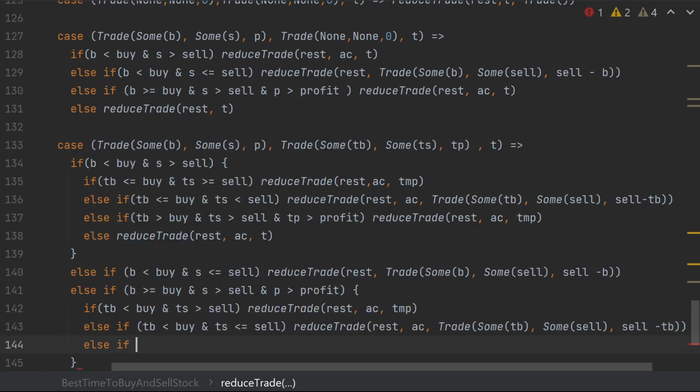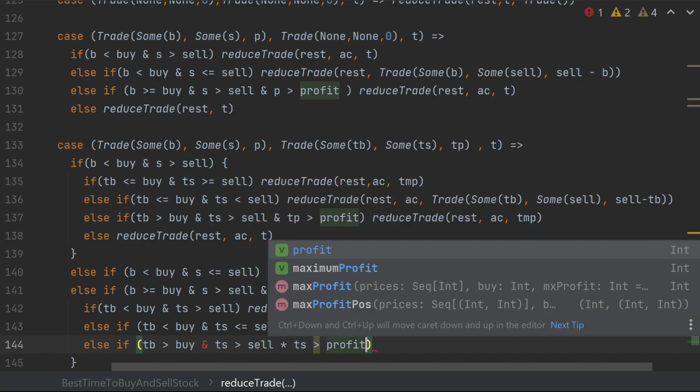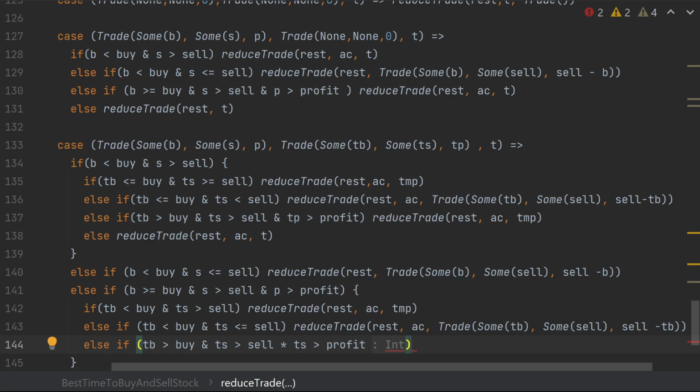Else if next condition here again. So if your TB is less than pi, or say greater than pi, and your TS is greater than sell, and you are making a profit, your TS is making a profit. All right, in this case, sorry, your TP is making a profit greater than the profit.